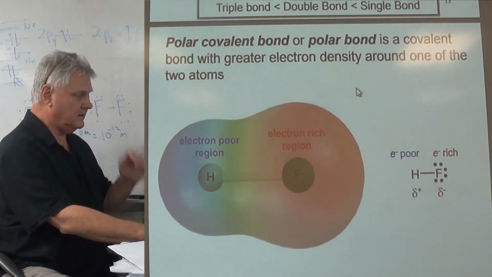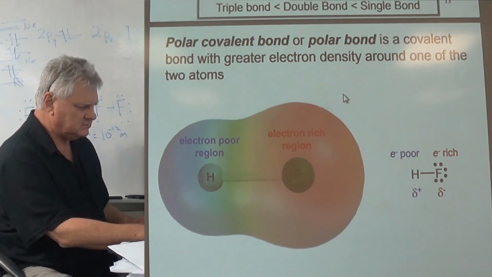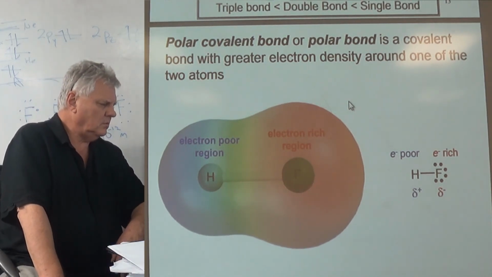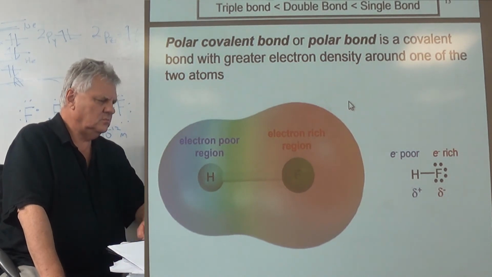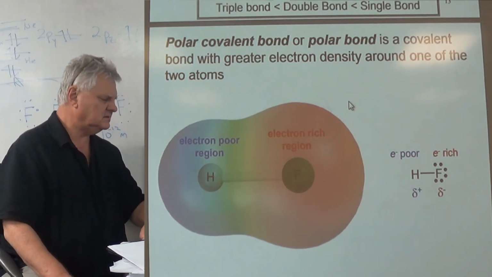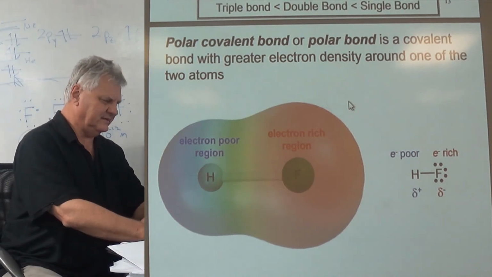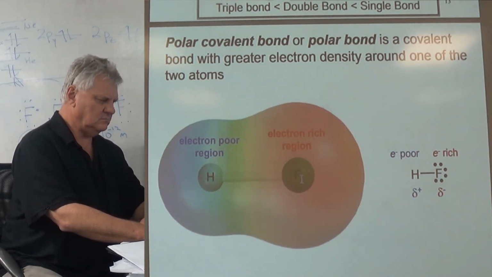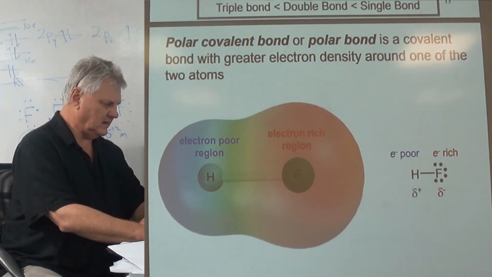When you have a polar covalent bond, and we'll take a break here in a minute, you have two nonmetals that have different electronegativities, different electron affinities. For example, if a hydrogen forms a bond with fluorine, fluorine is much more electronegative than hydrogen.